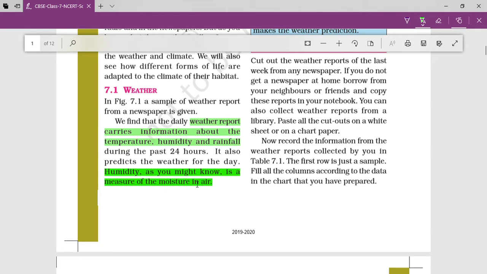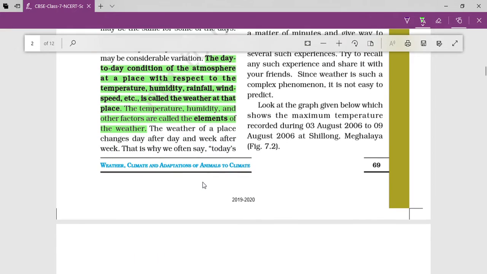So you can write this also, the definition of humidity, that is, it is a measure of the moisture in air. The humidity is measured by the instrument called hygrometer, which consists of two thermometers.